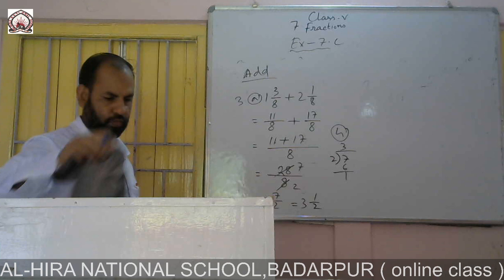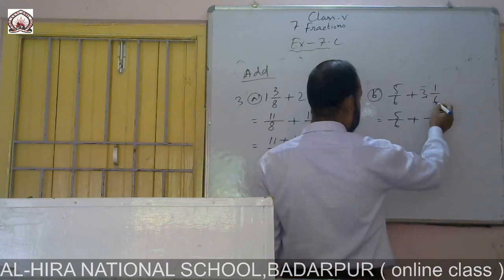Next, question number B. 5 by 6 plus 3 1 by 6. So this one is a proper fraction, it remains the same, 5 by 6 plus this one, a mixed fraction, we change into an improper fraction. 3 6 jar 18, 1, 19, 19 by 6.